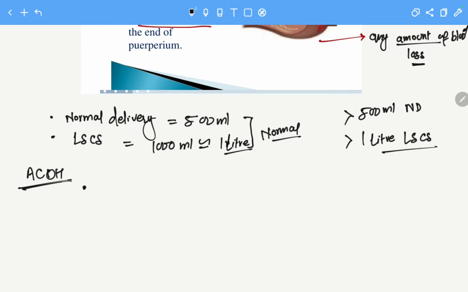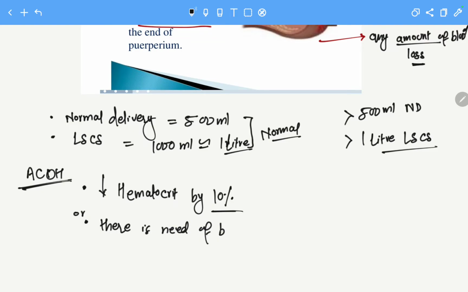It refers to a decrease of hematocrit by 10% and or a need of blood transfusion following the birth of the baby.